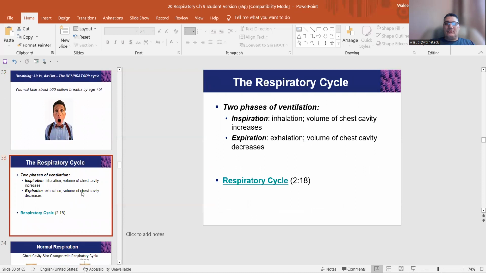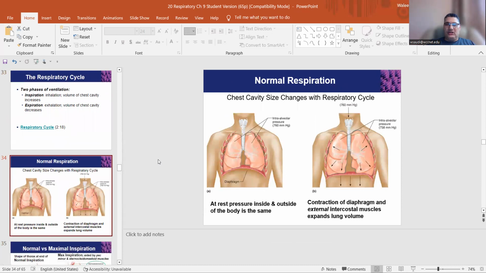Now, when we breathe in, it's called inspiration or inhalation, when the chest cavity increases, and when we breathe out, the chest cavity decreases, increasing the pressure, and air is pushed out. Here it is. And what are you using? You have to remember this.